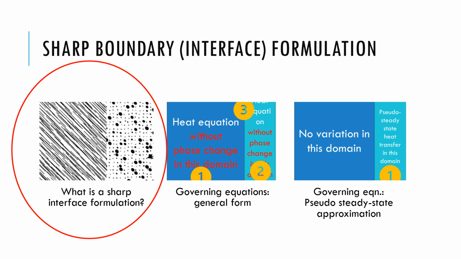First, the broad idea of what is a sharp interface or sharp boundary formulation. This will be followed by governing equation and boundary conditions of such a formulation, and that will be followed by a drastic simplification of that and how we can get estimates of things like freezing time.